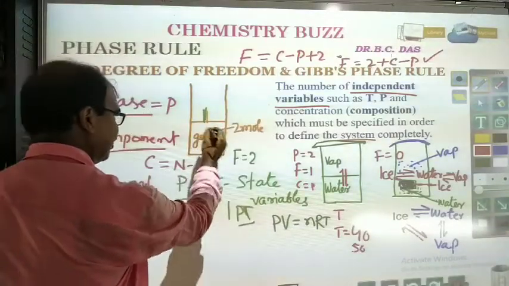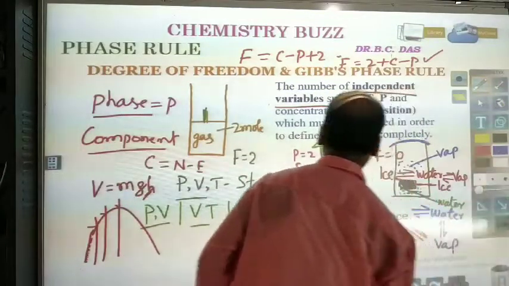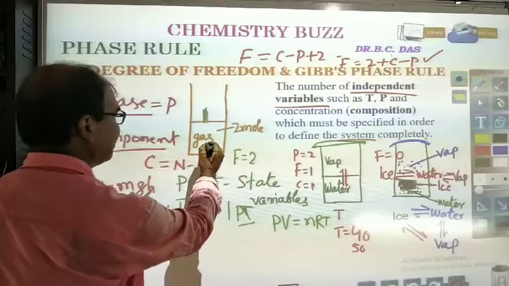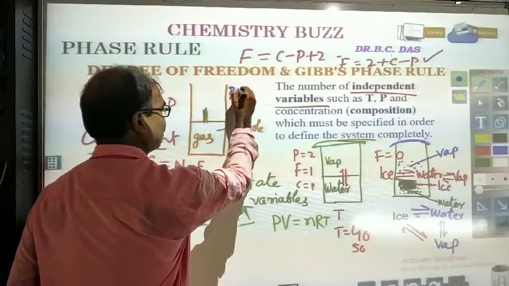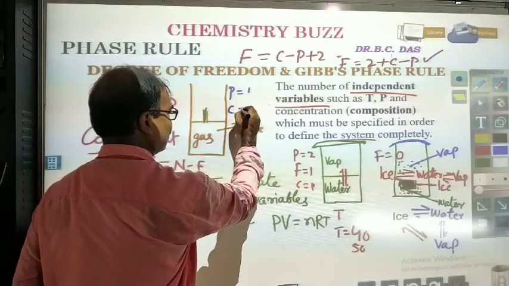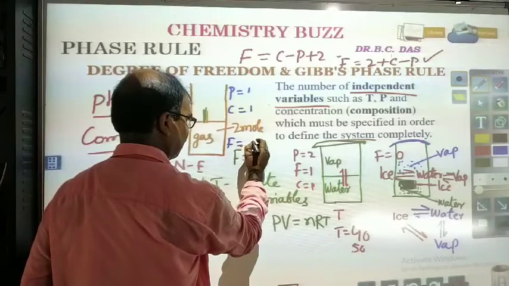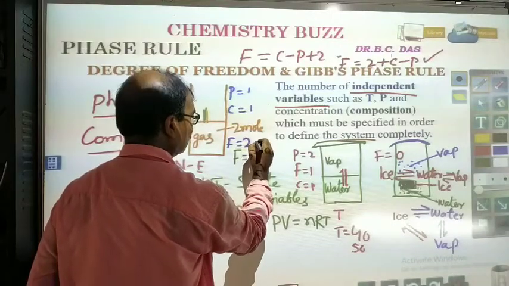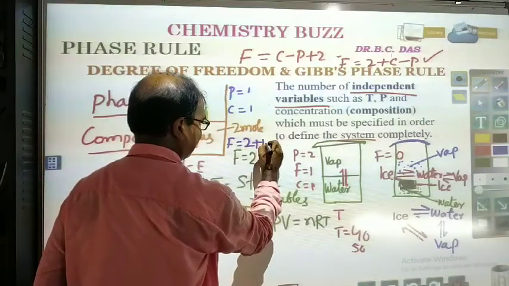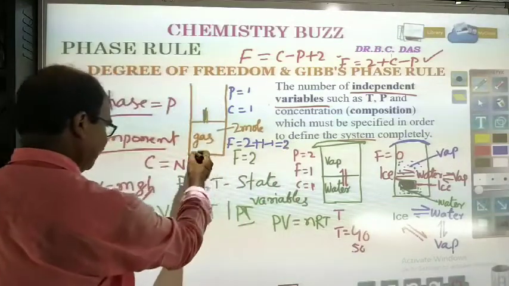So this is a gaseous system. The phase is P is equal to 1, the component is equal to 1. So the degree of freedom F is equal to 2 plus 1 minus 1, that is 2. So the degree of freedom is 2.